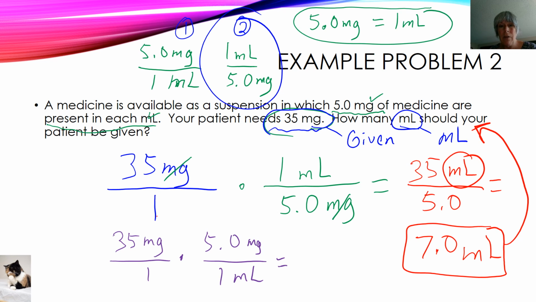But when you look at the units, nothing's going to cancel out. You're taking milligrams times milligrams on the top, which really is milligrams squared, and you're getting milliliters on the bottom. You're not going to get the units that you want at all. So by doing the conversion factor method, we can see that we got the right answer because our units are correct. And it's really, really important to write those units down.